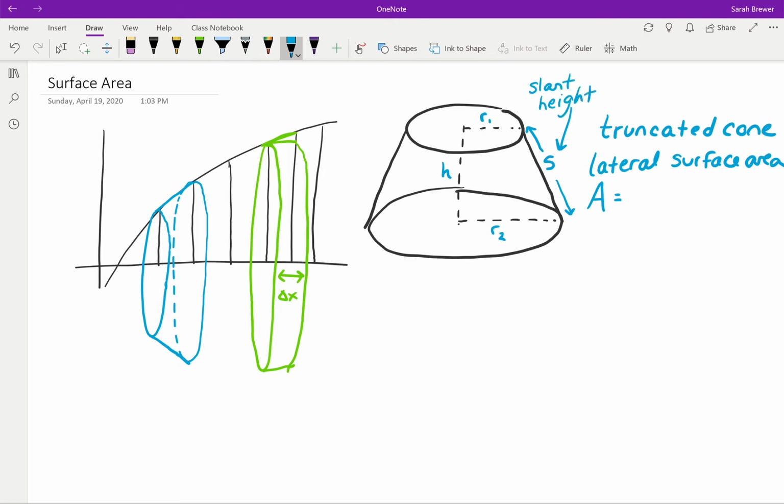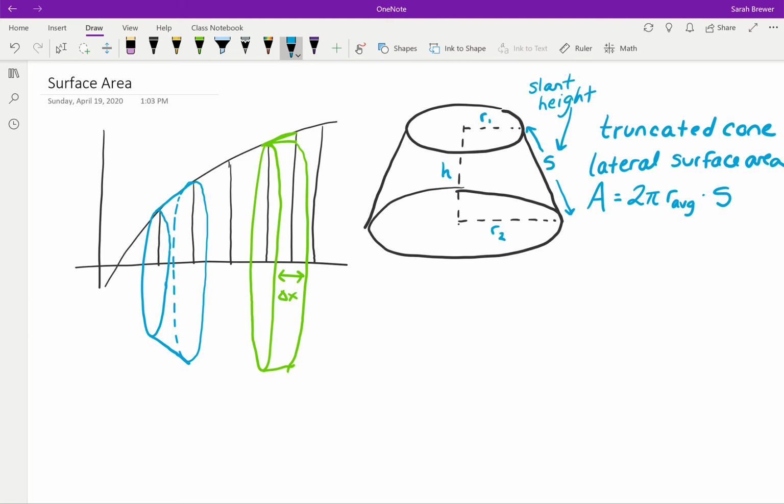And because we don't just have a single radius, you use the average radius. So it's 2 pi times the average radius times the slant height.